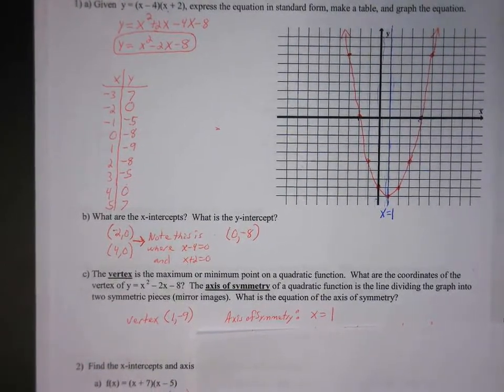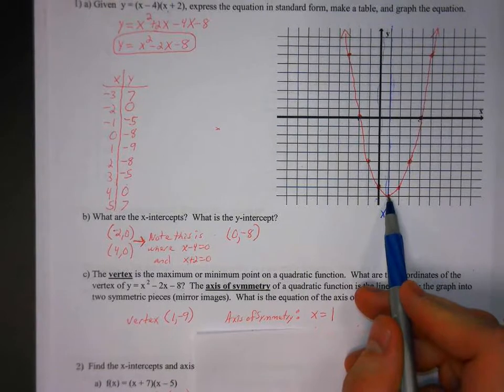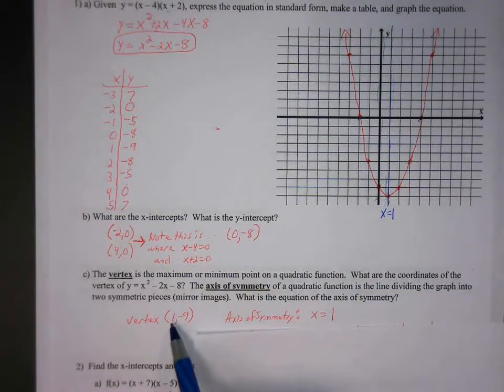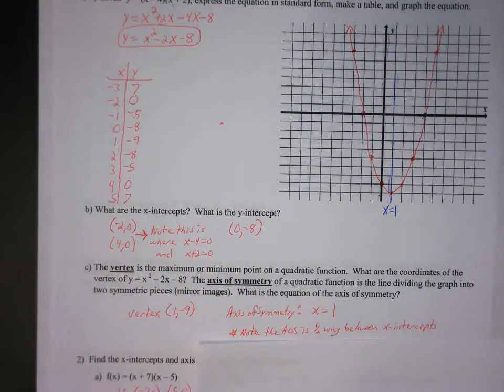Notice a couple of things. The axis of symmetry goes through the vertex, and the x value of the vertex was 1. That will always happen on a parabola like this. Also notice that the AOS, which I use for short for axis of symmetry, is halfway between the x-intercepts.